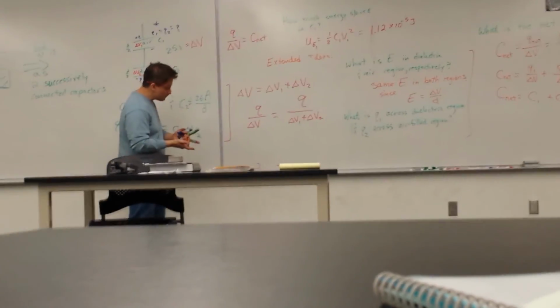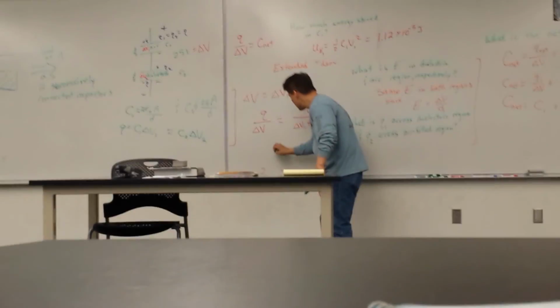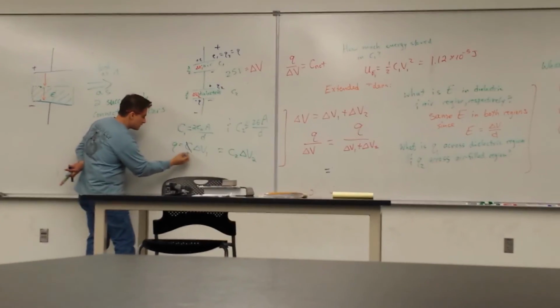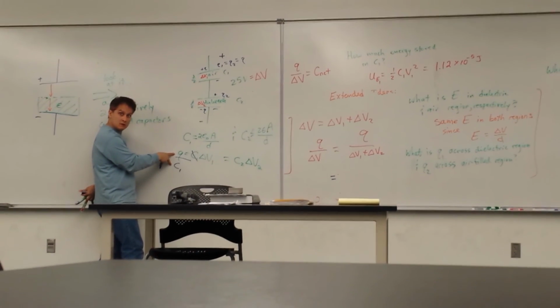Which is, if you will, another way of saying, if I solve for delta V1, it's Q over C1.